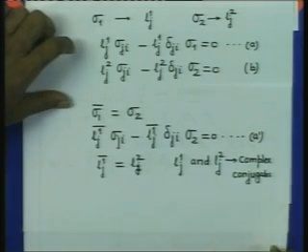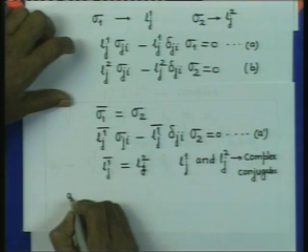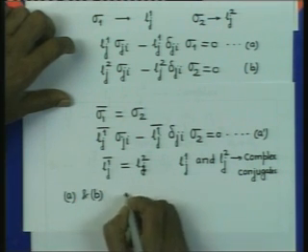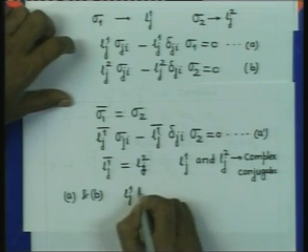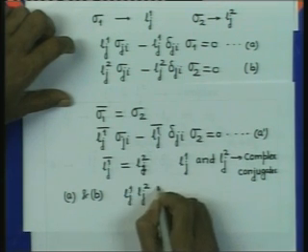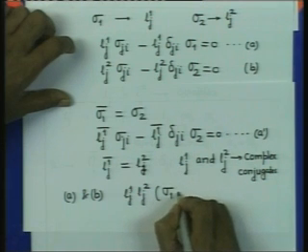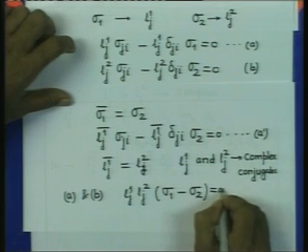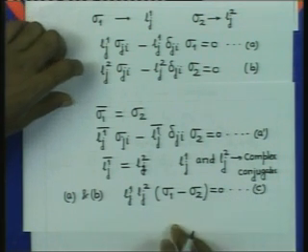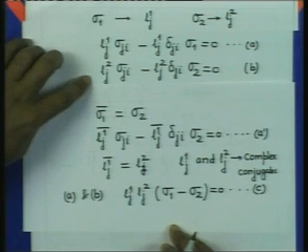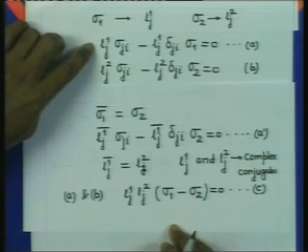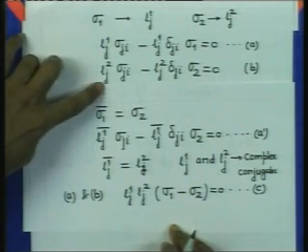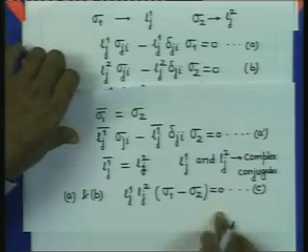So, if we do the subtraction, we are going to get Lj1 Lj2 multiplied by sigma 1 minus sigma 2 equal to 0. So, this is equation C. We consider multiplying this by Lj2 and this by Lj1 and subtract the resultant equation from one from the resultant equation from the other, and that will give you this.